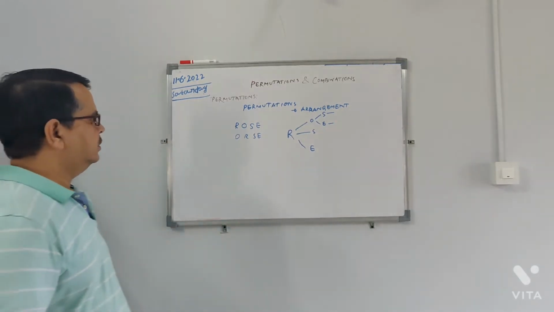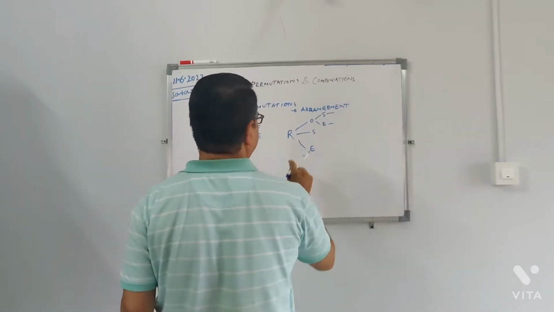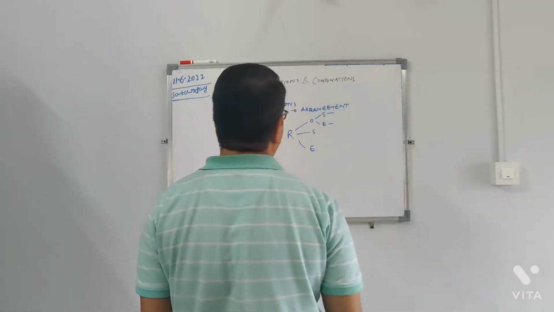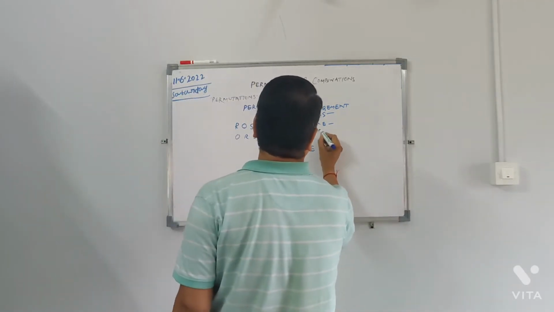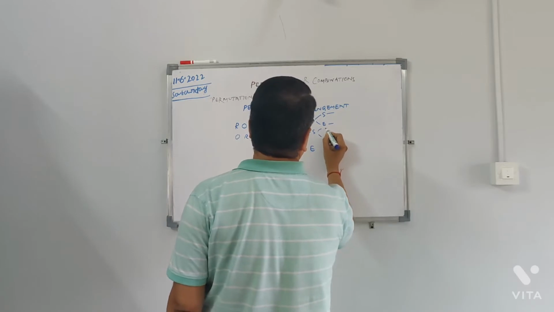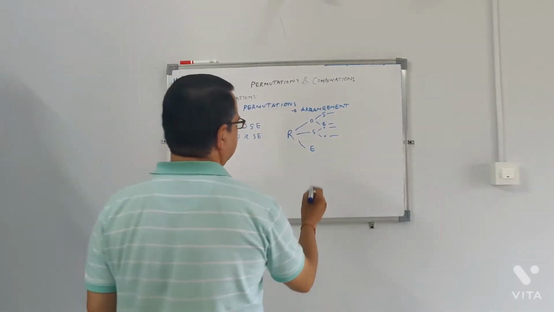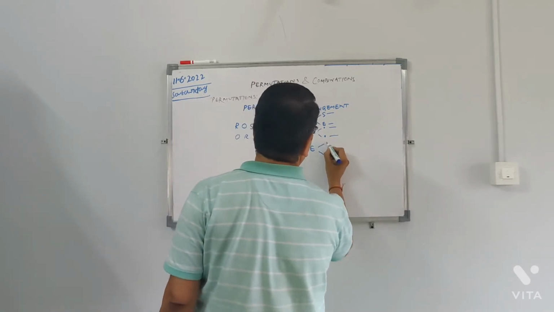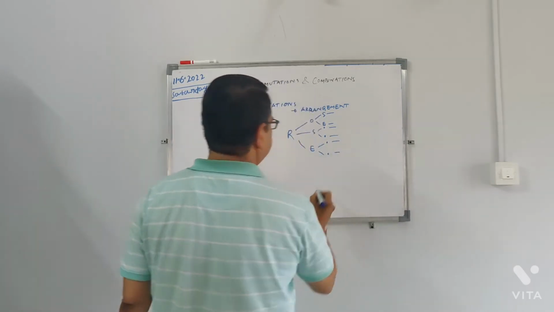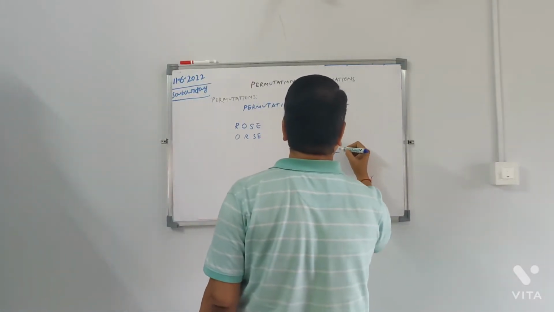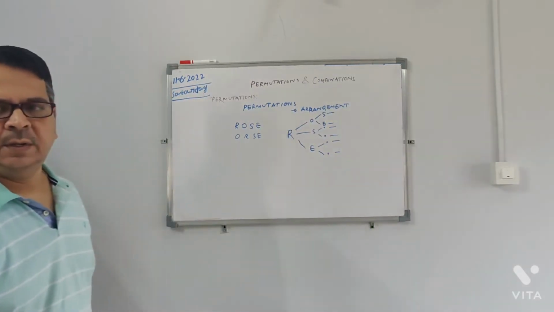So you can see here, this also will be fixed with this and this, and this also will be fixed with something and this. So finally how many is it? 1, 2, 3, 4, 5, 6.